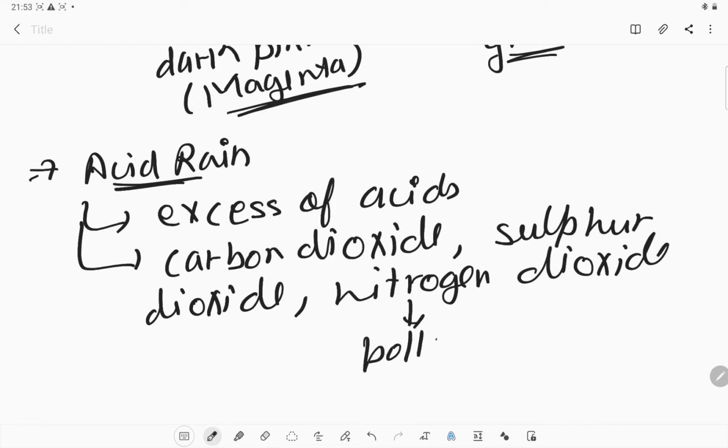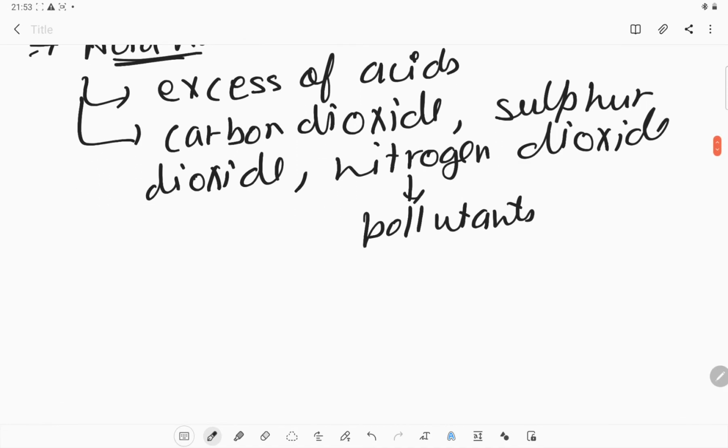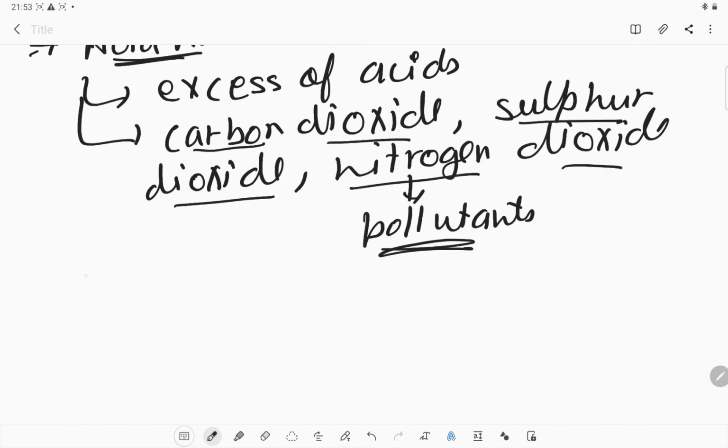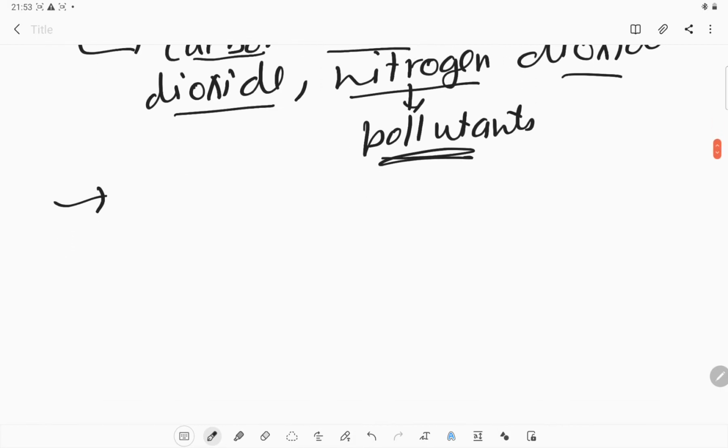Whatever pollution is in our environment, or the pollution exerted by our vehicles, contains carbon dioxide, sulfur dioxide and nitrogen dioxide. All these will make acid.